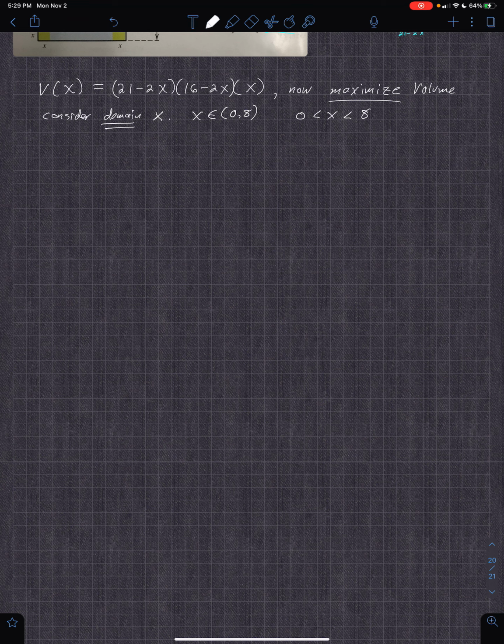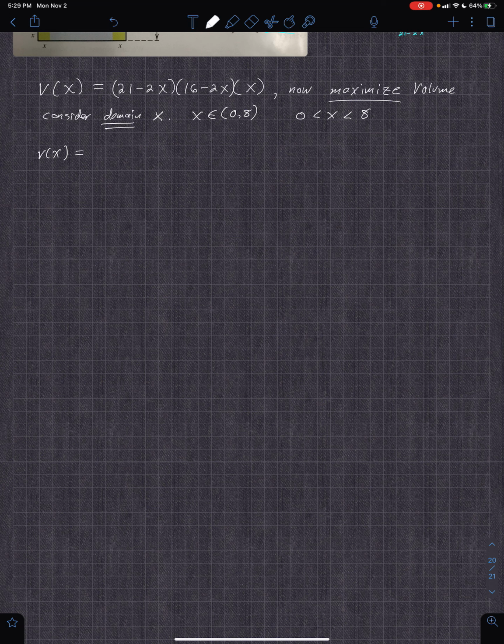Okay, so now what do you think you want to do next? Well, you have your volume function and it's in this form. So we need to multiply this out and then do your v prime and v double prime. Okay, so we get v of x, multiply that out, and it looks like I did it but didn't show the work.